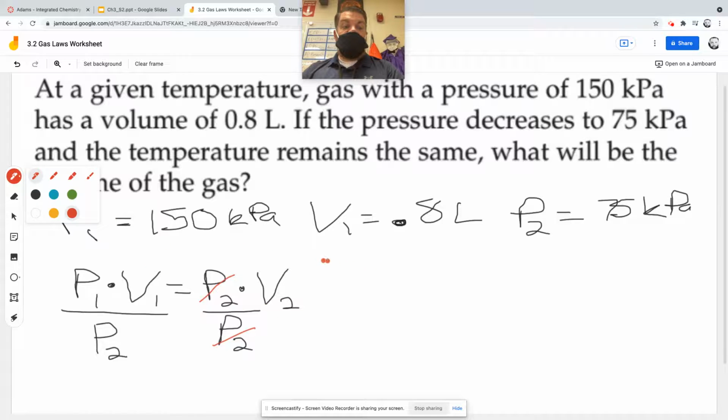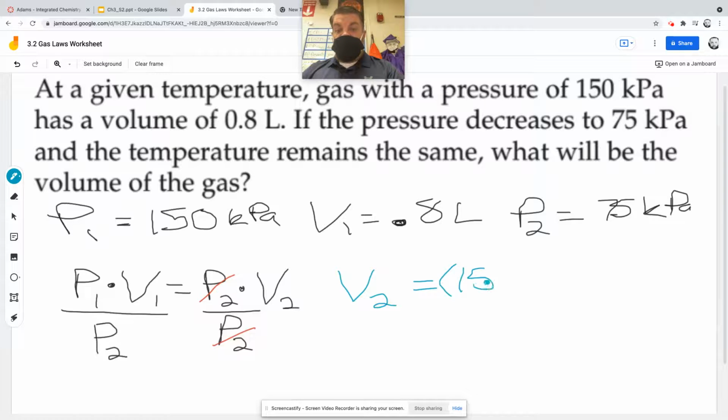So to find my volume, let me write this in another color. To find my volume, I'm going to say V sub 2 is equal to the initial pressure, which is 150 kilopascals, times the initial volume, which is 0.8 liters.